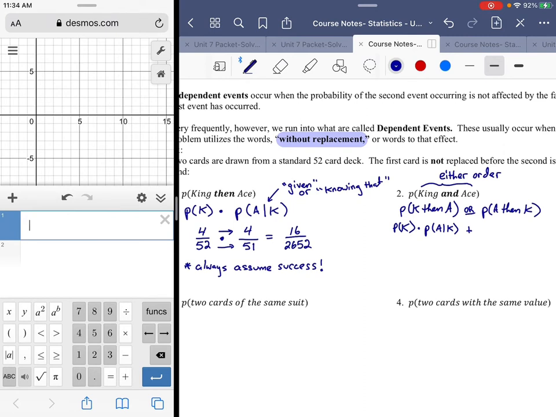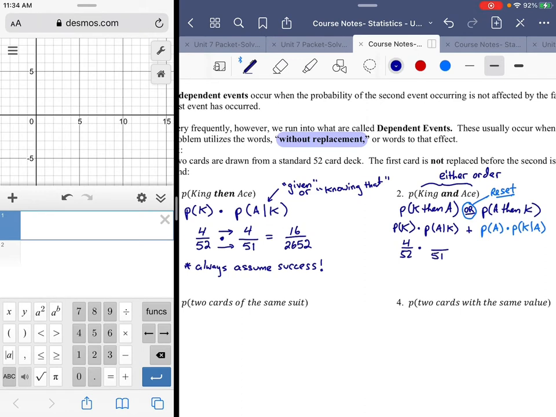Or, so this is like a reset, start the whole thing over. New problem, basically. All the cards back in the deck. Another alternative situation would be, maybe we got the ace first, and then the king. But if we got the king as the second card, we're assuming that we got the ace as the first card. So computations here are going to be exactly the same, 4 out of 52, because there's 4 kings in the deck.